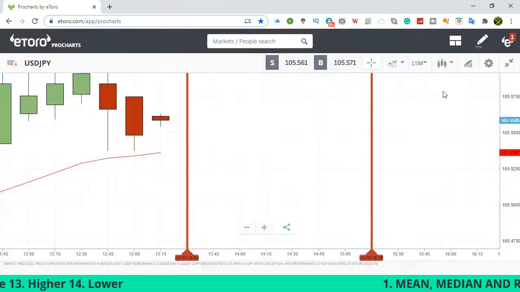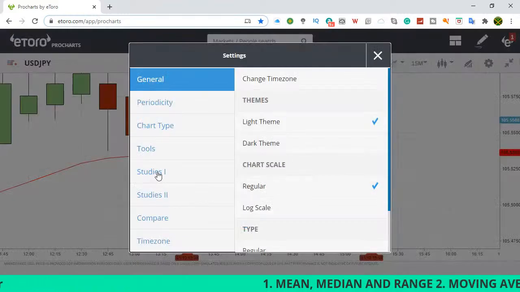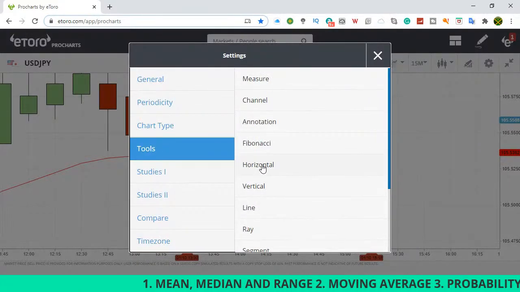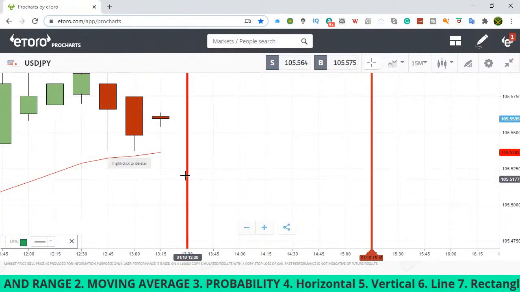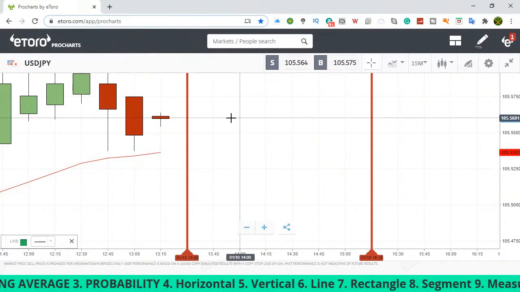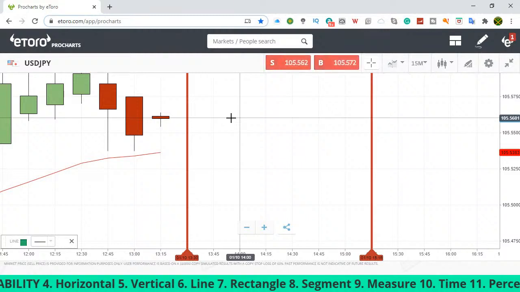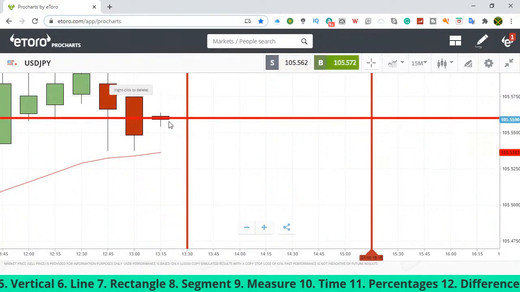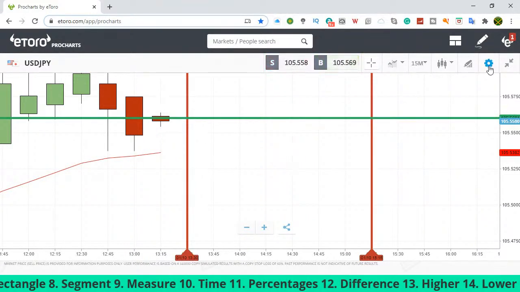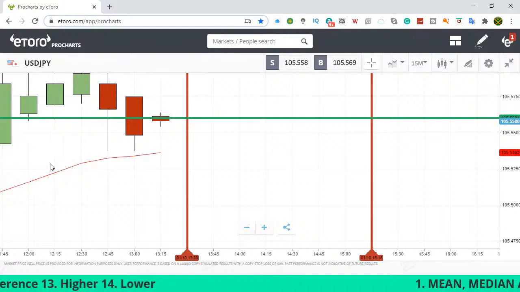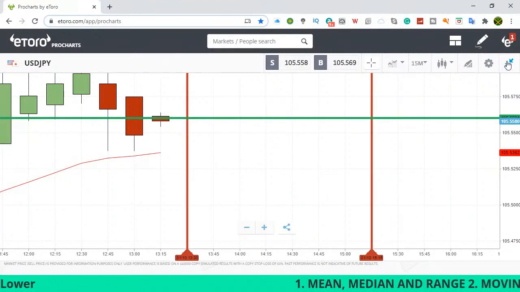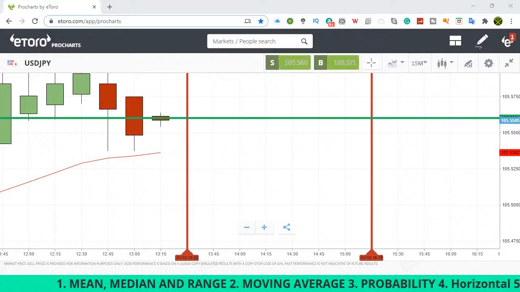Now my entry, I'm just going to put a green line and show you where I would enter at 2 o'clock. It's going to be here, and that is when I've just set this up now. I'm not using anything. The reason why I'm thinking it's going to go higher is I've checked the days. So I'll leave this up and see what happens to this.